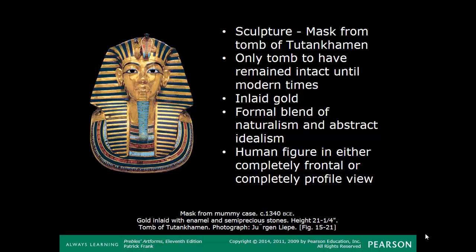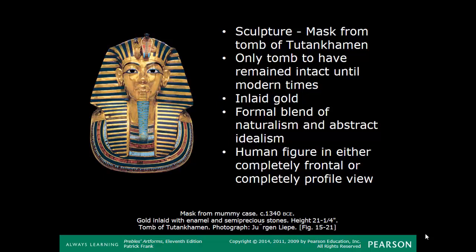In other words, whenever there was a pharaoh's tomb, for the most part, a lot of them were looted, a lot of them were robbed. So King Tut's is one of the few tombs that was not as bothered in comparison to the others.